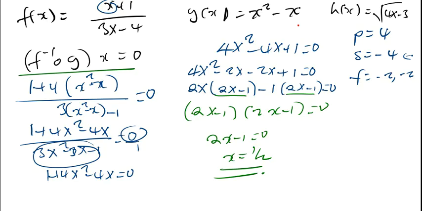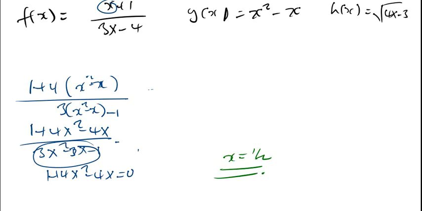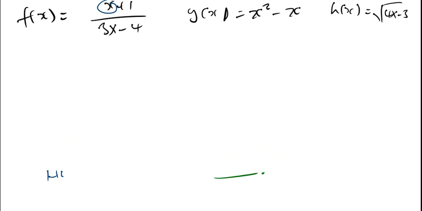Yes, that's what we have been doing. Then it continued to say, find the domain of the composite function. They like this question, finding the domain. They are saying find the domain of h of g of x.